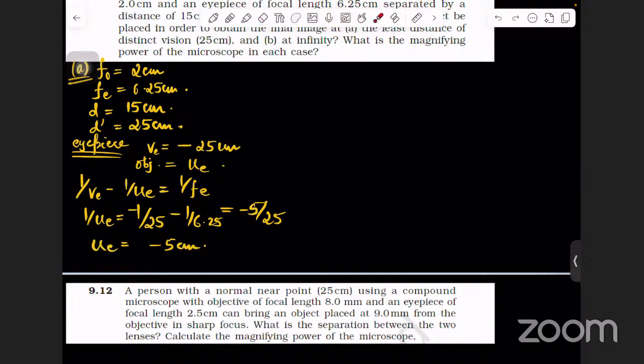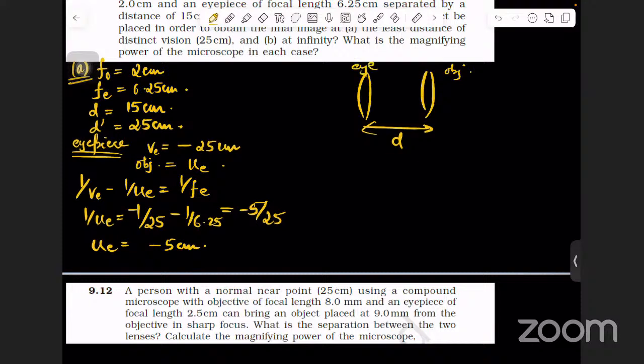So this is the object distance for the eyepiece, and this is the distance D between the objective and the eyepiece.